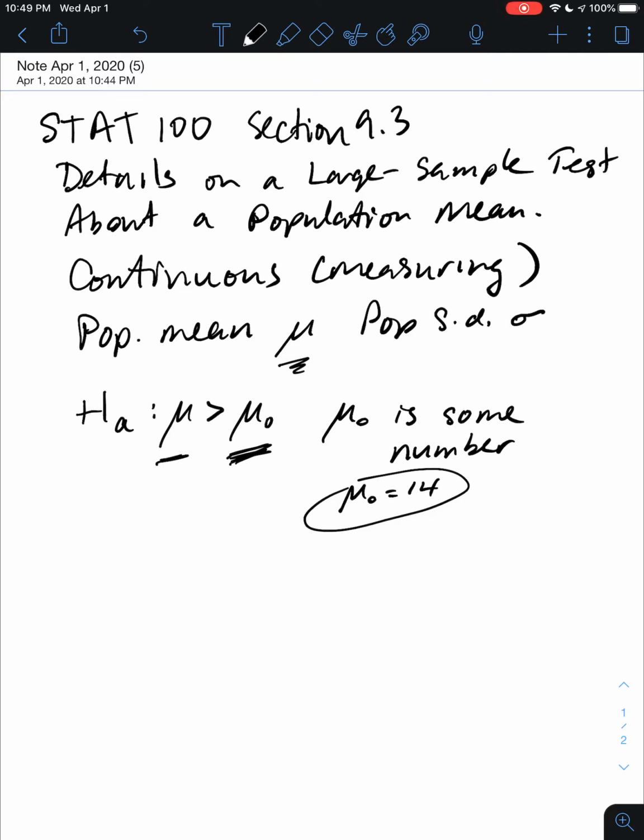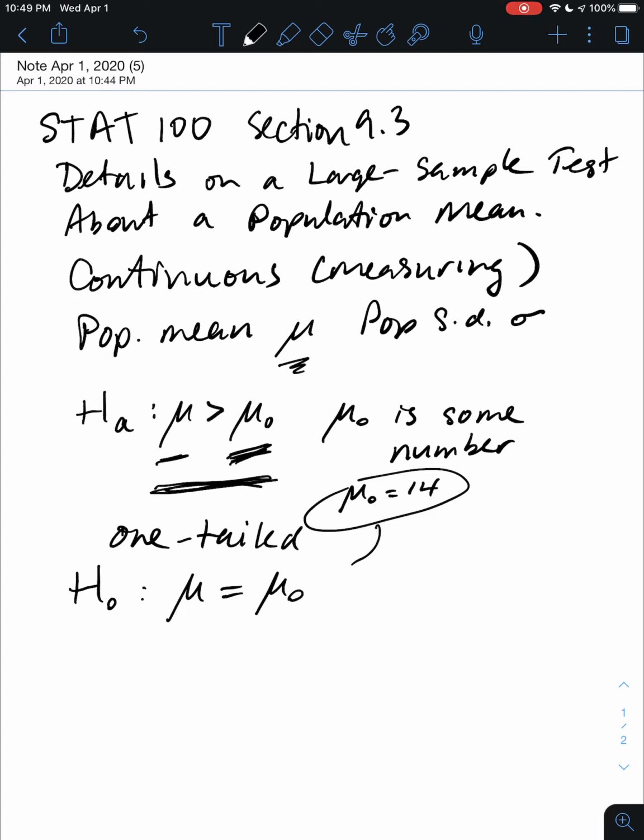So that's the situation for the alternative hypothesis. We're going to look at this one in particular, and then we're going to branch out from there. Right now we're looking at the one-tailed hypothesis test, and that's got a greater than symbol. Now, our null hypothesis has always got to be of this form: mu is equal to something. It's going to be the same number in both cases.